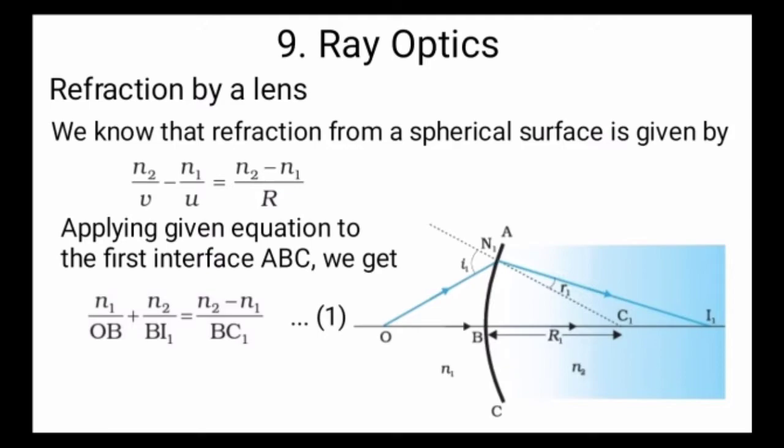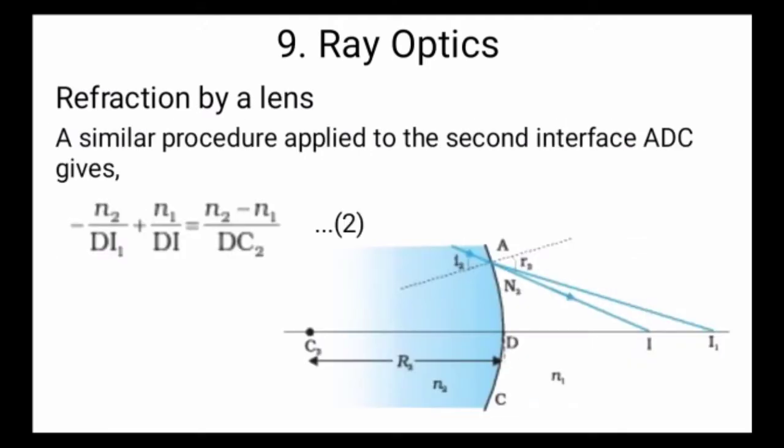This is equation number 1. A similar procedure applied to the second interface ADC gives minus n2 upon DI1 plus n1 upon DI is equal to n2 minus n1 upon DC2. This is equation number 2.